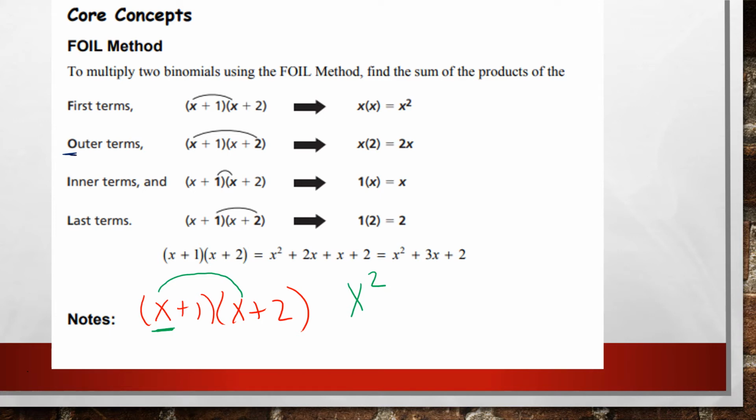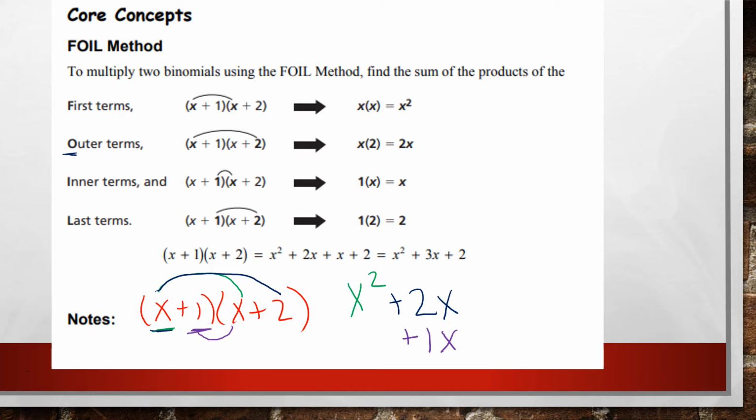Okay, then we're going to take this blue here. The outside is going to be this x times 2, which is 2x. So basically you're taking the first term in the first set and multiplying it to the second set. Okay, then what we're going to do is take the second one, this 1, and distribute it. So this will be 1 times x, which is going to be 1x. And what I like to do is stack it right up under the one before it, so that it puts it in line when I get ready to add like terms.